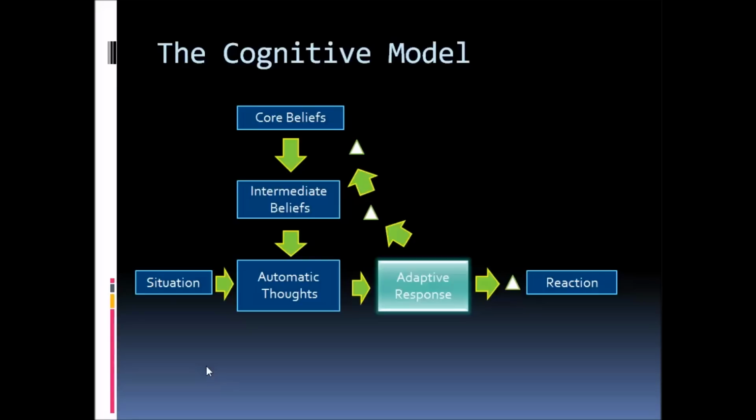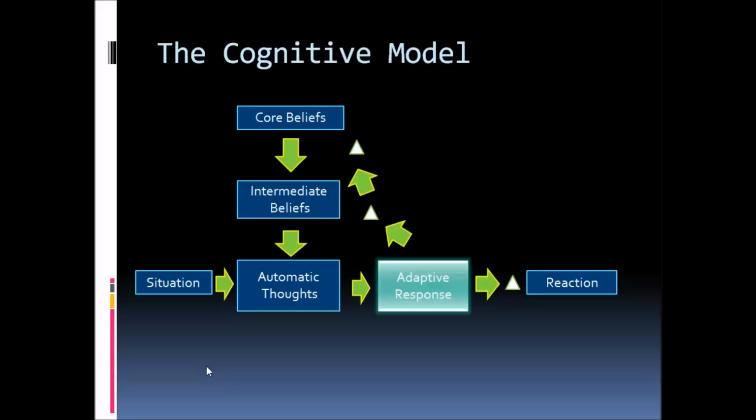So what we have here is the core beliefs, right? We believe that these give rise to intermediate beliefs. The core beliefs are down deep, the intermediate beliefs are a little closer to the surface. These combine with situations that result in automatic thoughts, and then you have the adaptive response.